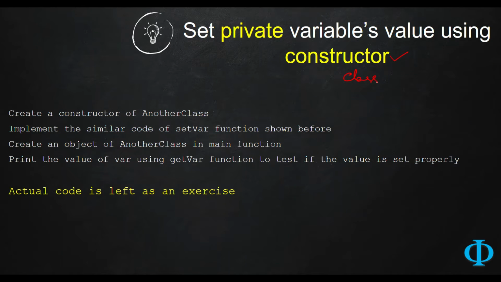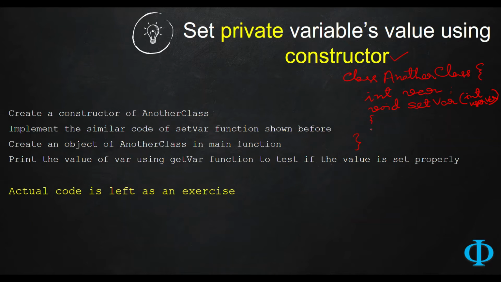This is my class, then the name of the class was just another class, and inside this another class there was a variable of type integer, so it should be int var, and then there was a function called void, then simply set var, and there was int user var. That means the value passed by the user.